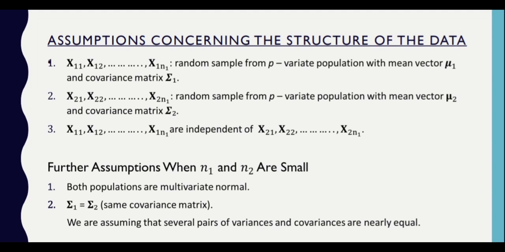Okay, as you know, kalau multivariate, we will deal dengan vector ataupun matrices. So we will bold the X here. So X11, X12 until X1n will be the random sample for p-variate population with mean vector mu1 and covariance matrix big sigma 1.